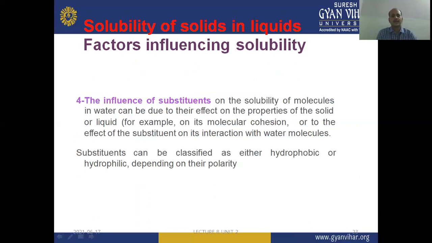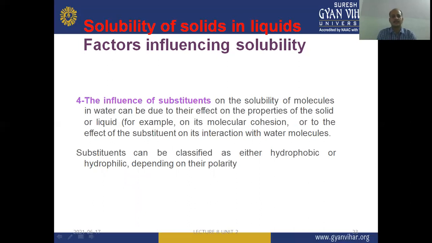The next factor, after the different melting points and boiling points, the fourth one, is the influence of substituents. This is a very important factor. The solubility of molecules in water can be due to the effect of substituents on the properties of the solid or liquid, for example, on its molecular cohesion, or to the effect of the substituent on its interaction with water molecules.